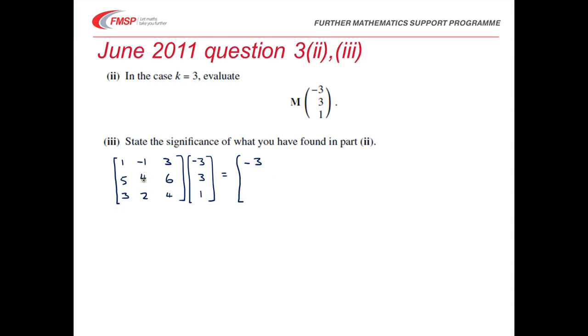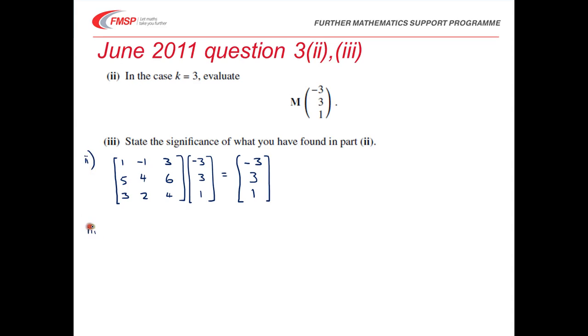Minus 15 plus 20 is 5. Sorry, minus 15 plus 12 is minus 3, plus 6 is 3. And then minus 9 plus 6 is minus 3, plus 4 is 1. So I get the same vector.